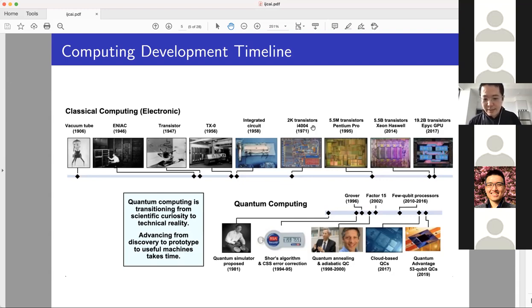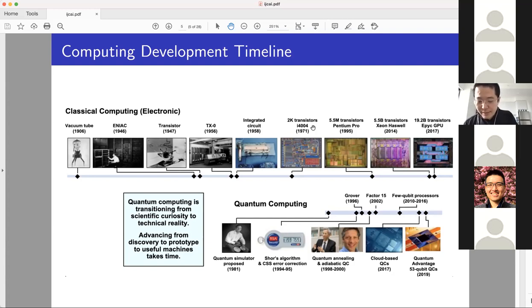Then in the late days of the 20th century, D-Wave developed the first generation of quantum annealing computers to approximate quantum optimization algorithms. And Shor's algorithm became very famous, since it could decrypt RSA protocols if you have very powerful quantum computers.